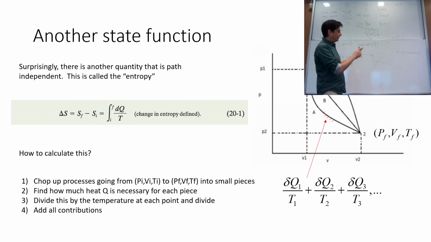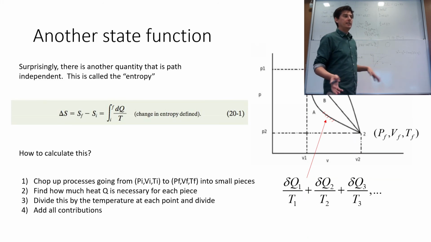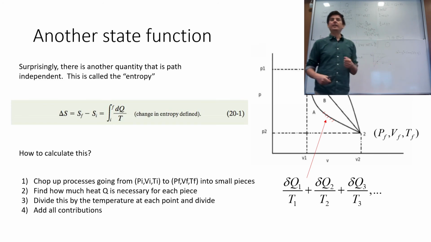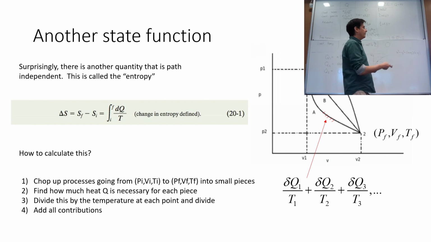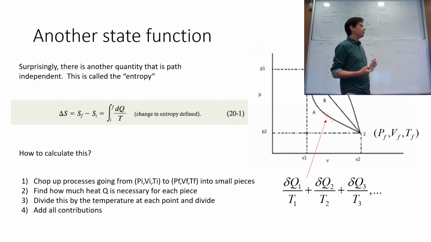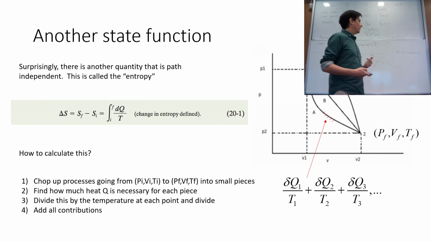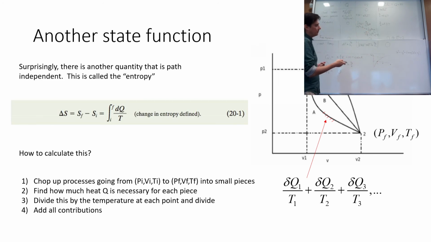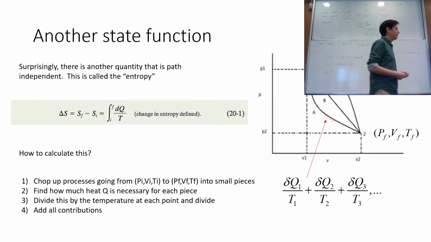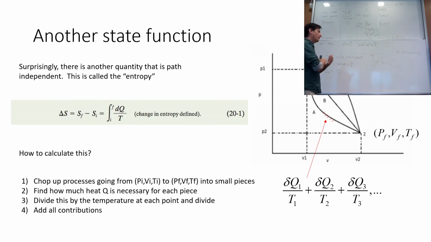But at this level, just think of guys in the 18th or 19th century playing with gases and measuring the heat, mapping out the states of a gas like this, and then they hit upon a new kind of quantity which also seems to be independent of the path. This formula is a bit weird. When I first saw it, I was also a bit confused. I didn't understand it very well when I was in first year physics.